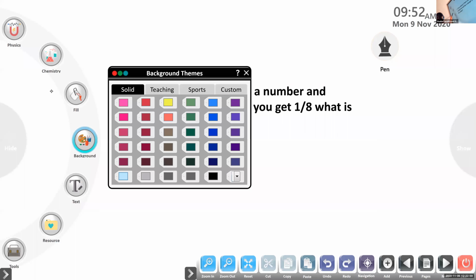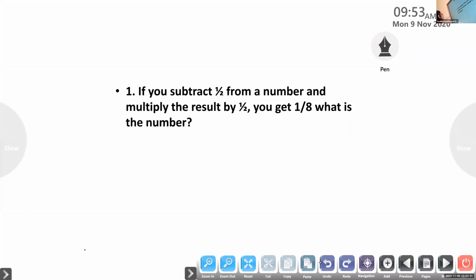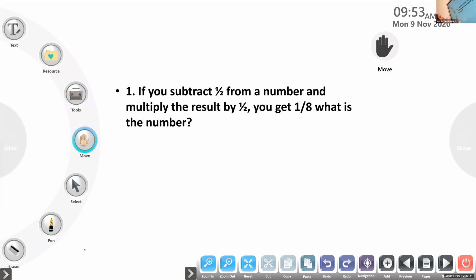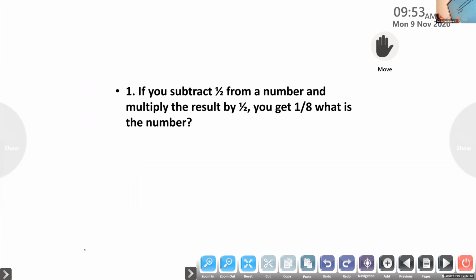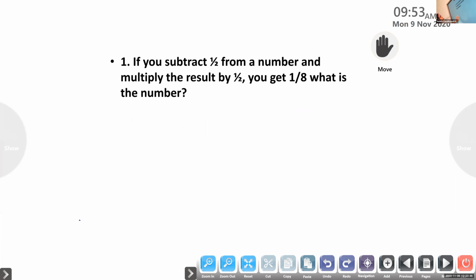If you subtract half from a number and multiply the result by half, you get 1 by 8. What is the number? All of you wrote the question?